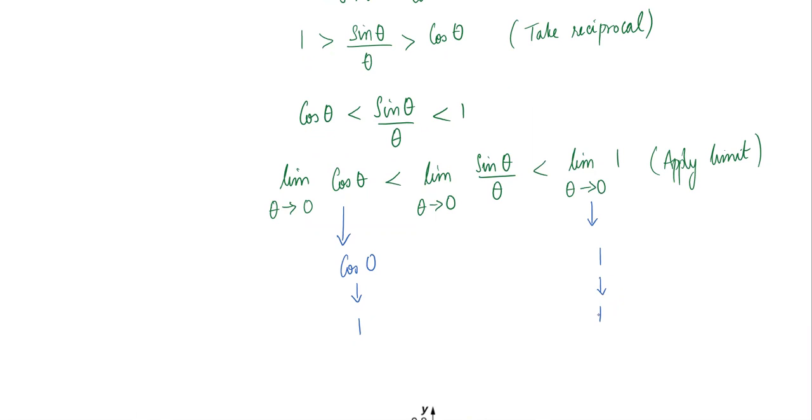So the left inequality and the right inequality, both of them point to 1, thus leading to this middle part to be also equal to 1. Thus, we were able to prove using squeeze theorem that the limit of sine theta over theta as theta approaches 0 is equal to 1.